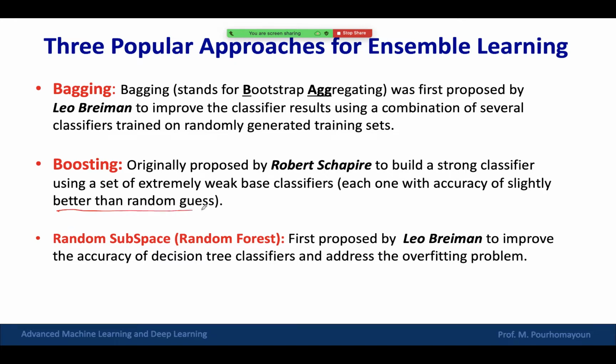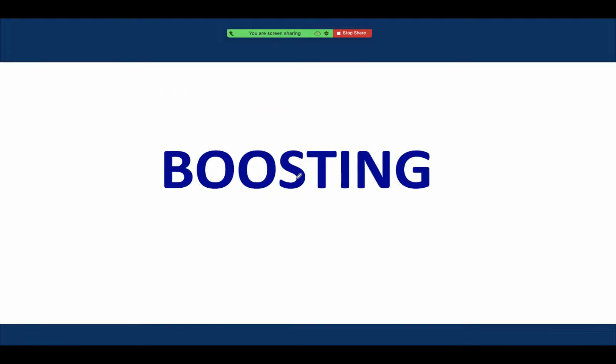This is a cool thing about boosting. So you use, for example, 100 classifiers. Each one of them has an accuracy of like 55%, a little bit better than 50-50, a little bit better than a random guess. But by combining a lot of them in an iterative method, we will achieve very accurate results.